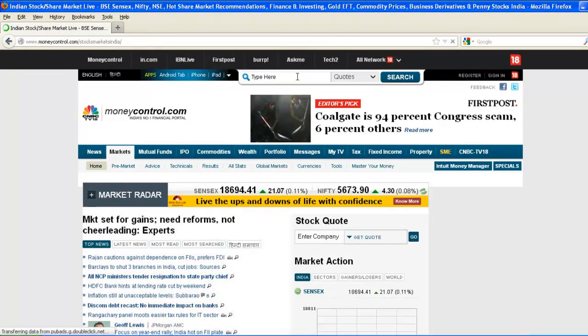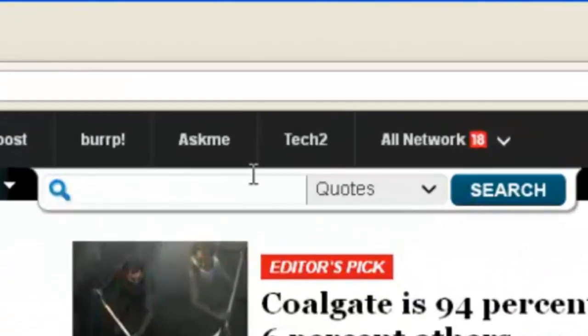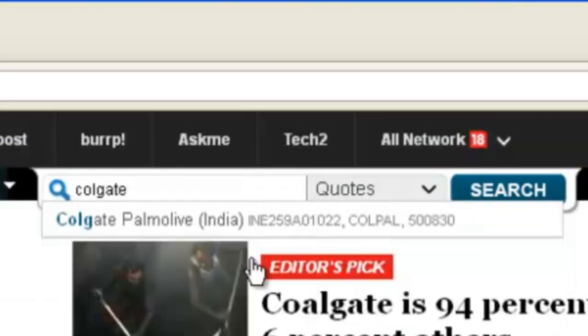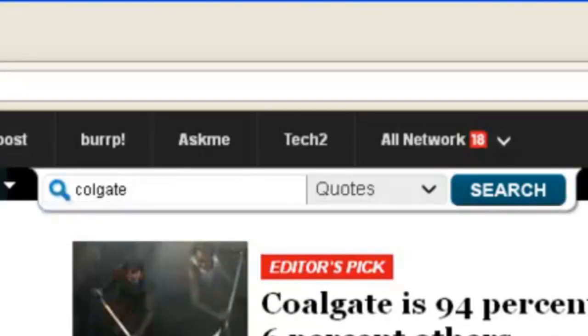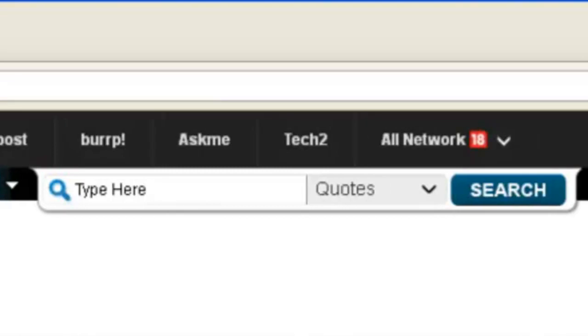Since we are researching Colgate, go to this text box, type Colgate Palmolive India, select this. We have got data for Colgate Palmolive India.